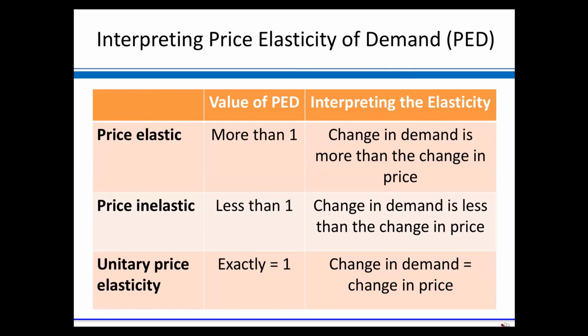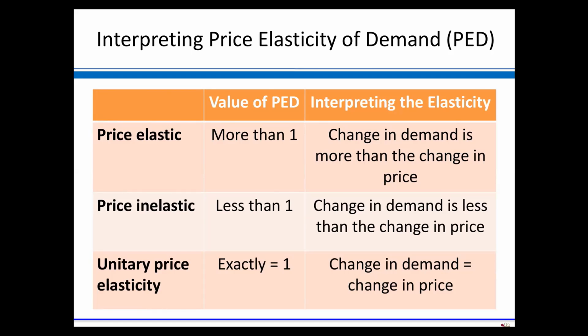Conversely, if PED is less than 1, then the percentage change in demand is less than the percentage change in price. And if we have what's known as unitary price elasticity, where PED is exactly 1, it means that the percentage change in price and the percentage change in demand are the same.